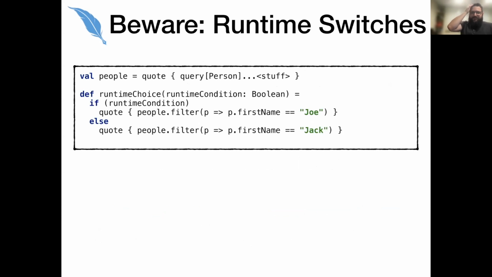For example, if you introduce some switches that will decide things at runtime, like if you want to figure out what query you're going to be executing from some runtime condition, we cannot give you a compile time query because we don't know what this is at compile time, right? So we actually can't give you a query from that.